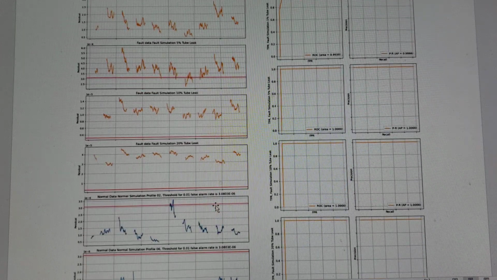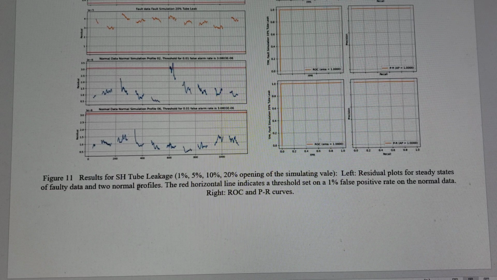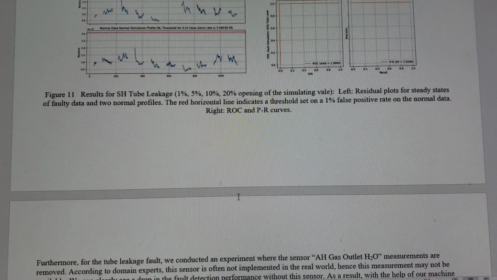They also created an algorithm to examine the rate of false alarm. And for leakage at different levels, this can basically separate the fault data from the normal data.